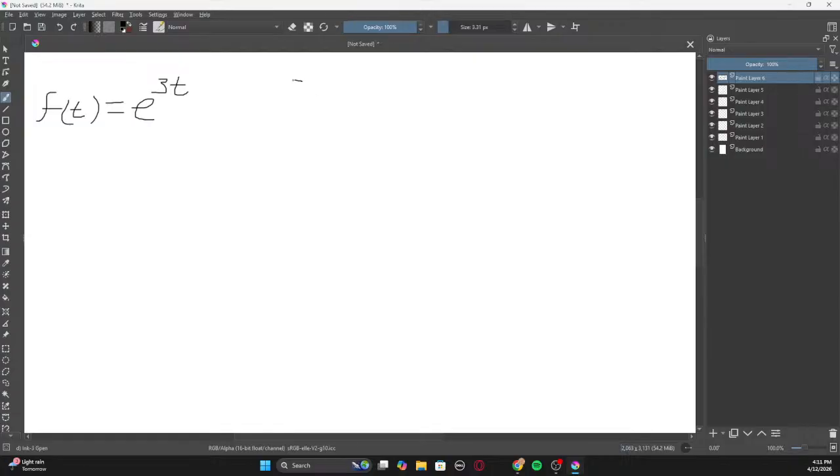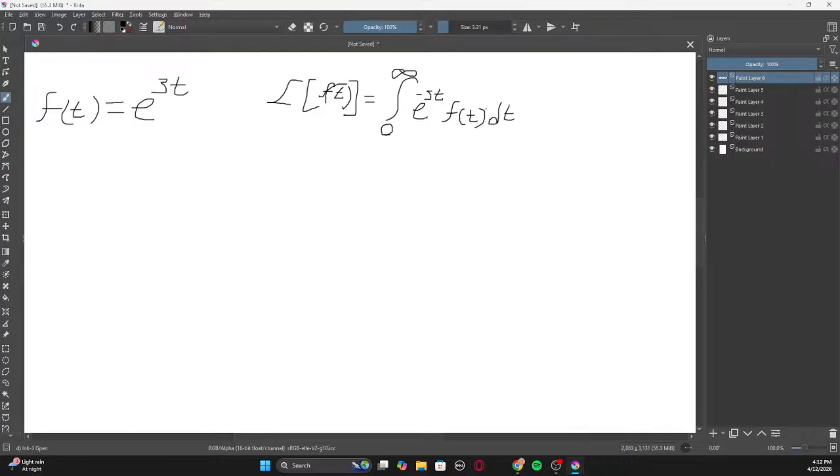So the Laplace transformation of f of t, I know I have shitty handwriting, but it's equal to the integral from 0 to infinity of e to the minus st multiplied by f of t dt. Right?